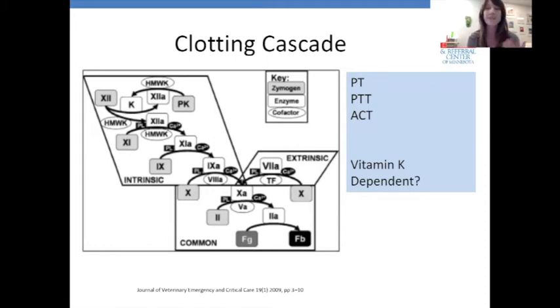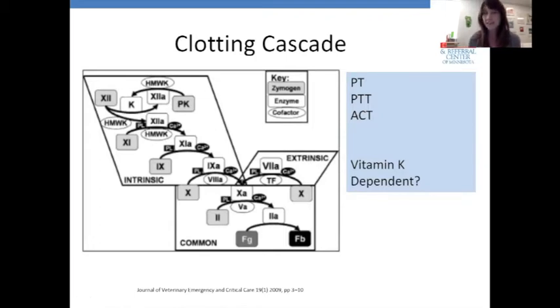Now, what is helpful regarding the clotting cascade is that when we look at these various branches of the cascade, the intrinsic branch and the extrinsic branch, it helps us to understand our tests. So PT, PTT, and activated clotting time.